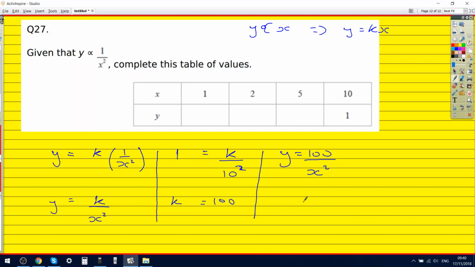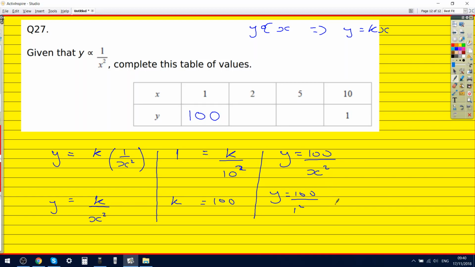Okay, now I need to just do the first one. I think y is 100. So yes, 100 over 1 squared. I think it's just 100, isn't it? Yeah.